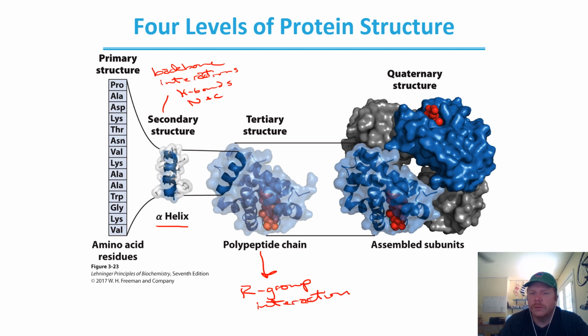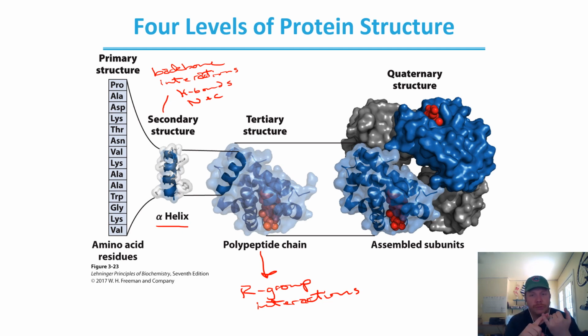So when we think about hydrophobic residues being forced together, and cations and anions interacting with one another, or interacting with a dissolved ion, you should be thinking about your tertiary structure.